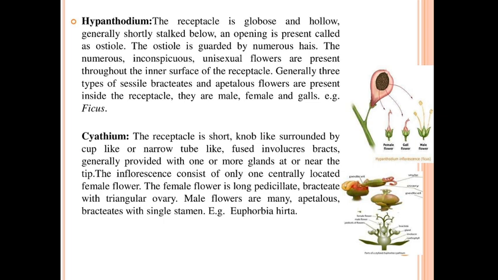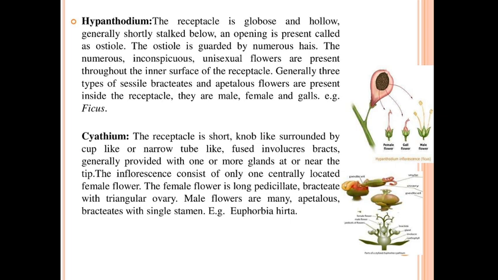In hypanthodium inflorescence, you have a receptacle which is globose or pear shaped. This receptacle is hollow from inside. There is a short stalk and a very fine narrow opening at the top, called the ostiole. This ostiole is guarded by numerous fine small hairs.